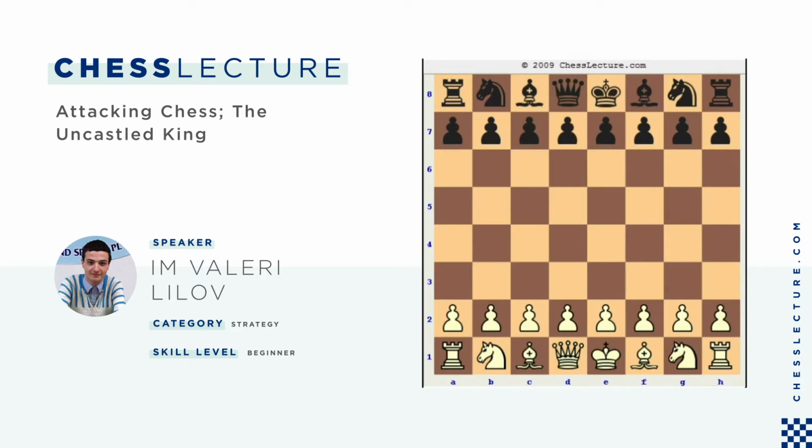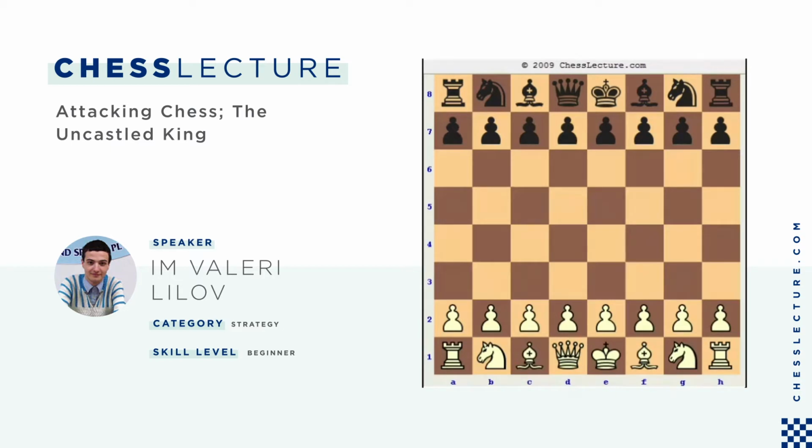I explained to you that every attack is most successful when it is directed against the opponent's king. This is why beginners are always taught to castle as quickly as possible so their king can reach safety.